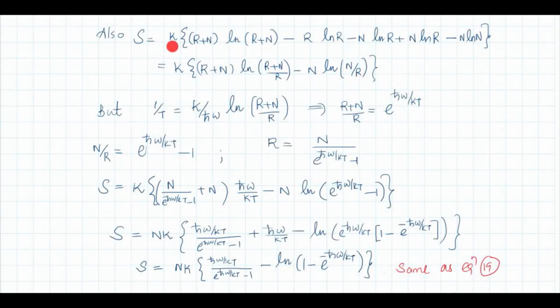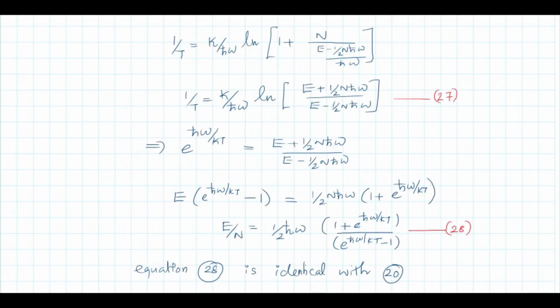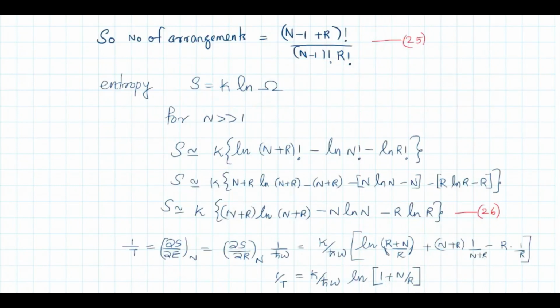Now we can show that we will get the same expression for entropy as we obtained from equation 9. So you start with the equation for entropy. Here S is equal to k into [(n + r) log (n + r) − n log n − r log r]. Here we have to substitute this r in terms of T. For that we will use this expression 1 by T equal to k by ħω log (1 + n by r).